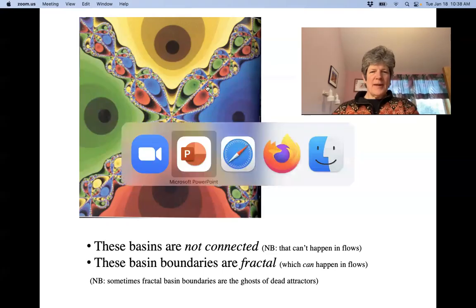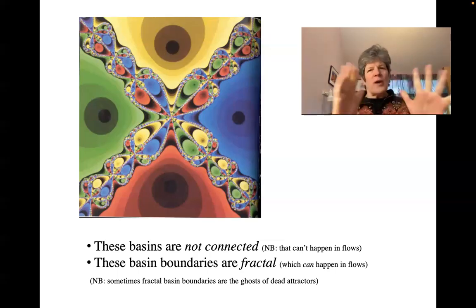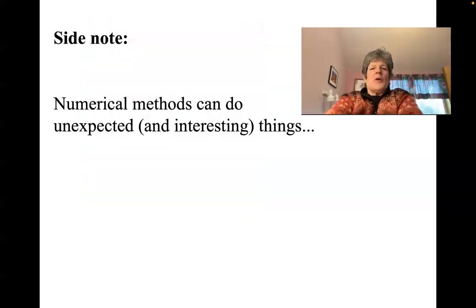One point I did want to make is the people who designed Newton's method don't really want the results to be complicated and interesting. They just want an answer, right? So numerical methods are designed to give people answers to problems. You don't want them to be interesting. You just want them to give you the answer.